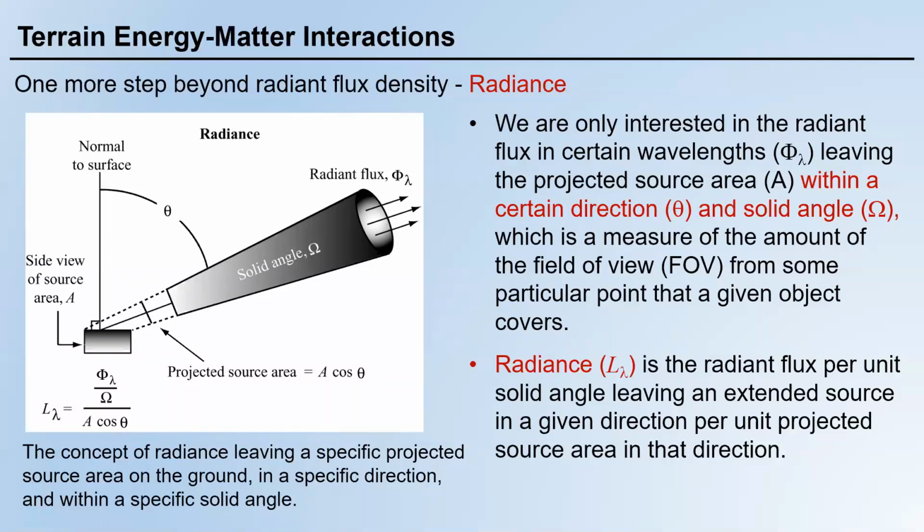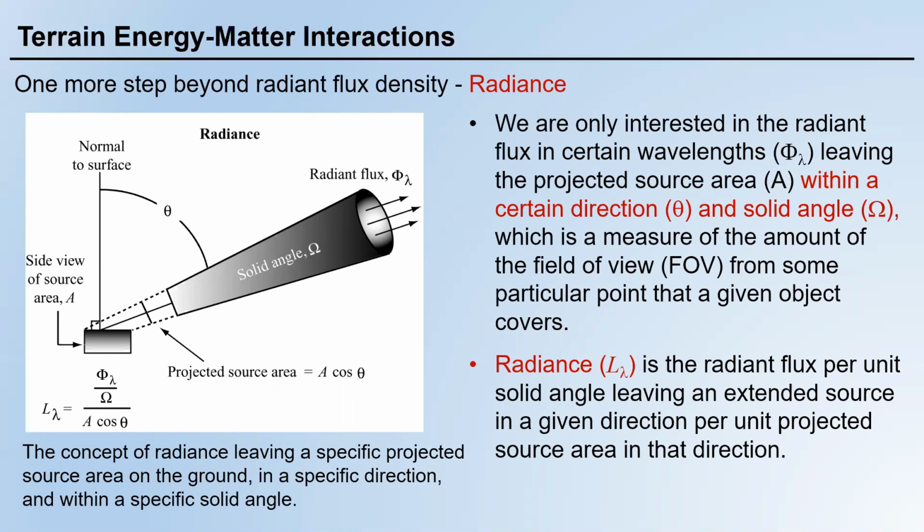So the energy per unit area on the ground is not good enough. We want something called radiance. It's the radiant flux per unit solid angle leaving an extended source in a given direction per unit projected source area in that direction. So radiance is irradiance per solid angle.